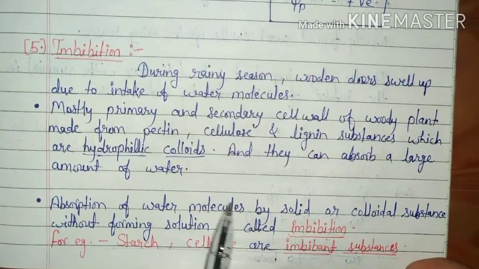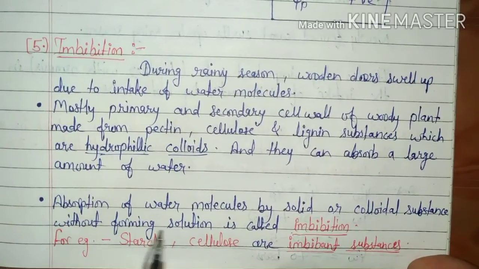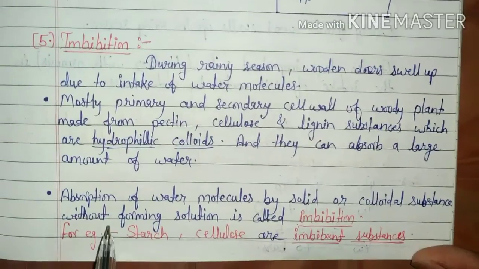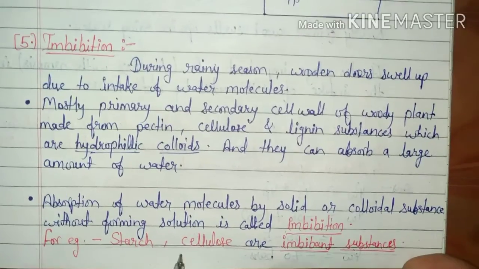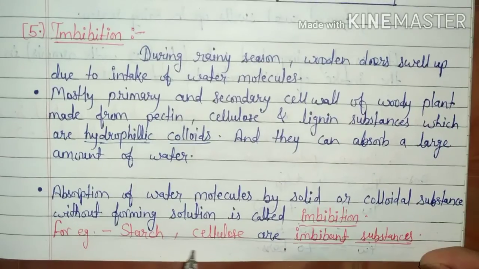Absorption of water molecules by solid or colloidal substances without forming a solution is called imbibition. For example, in plants, starch and cellulose are imbibant substances.